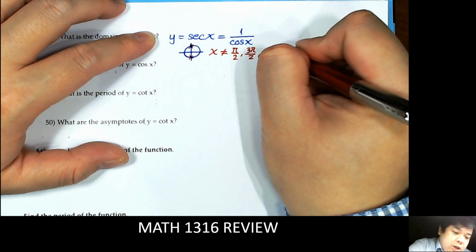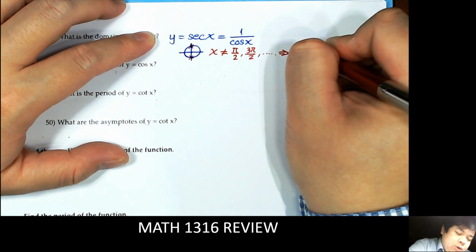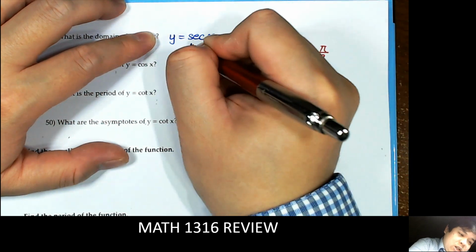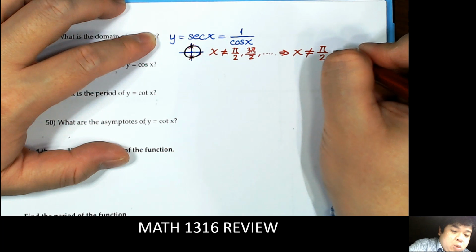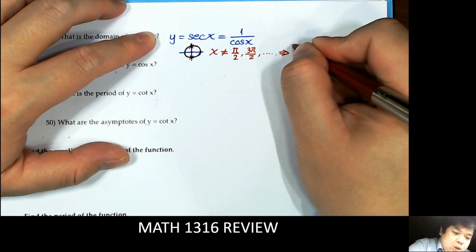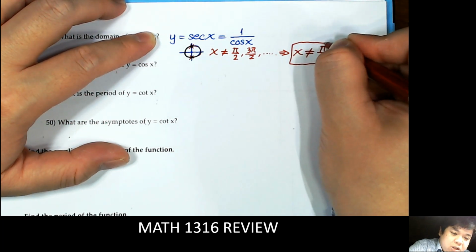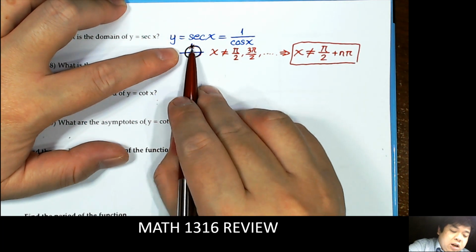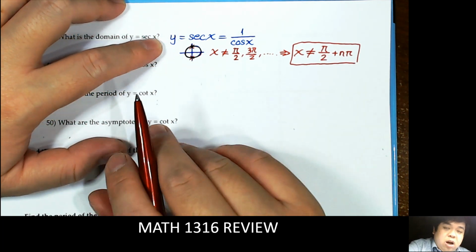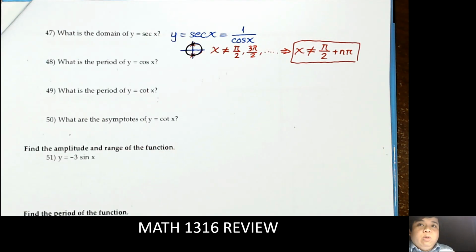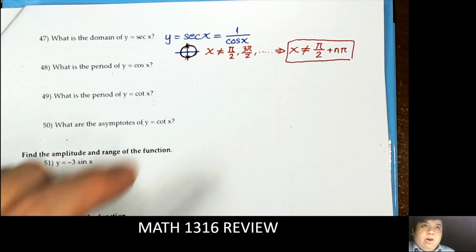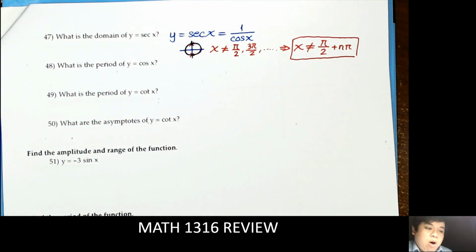In general, we can write x not equal to pi over 2, which is here, and we can add a pi to it, or 2 pi, and so on. So we just say plus n pi. When x is not equal to pi over 2 plus n pi, cosine is not equal to 0, then 1 over cosine is defined. So the denominator is not equal to 0, the function is defined.